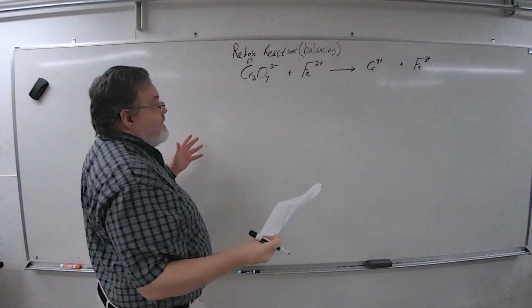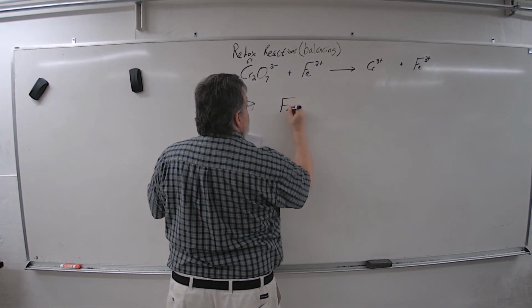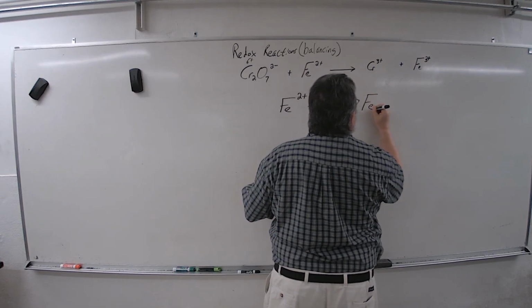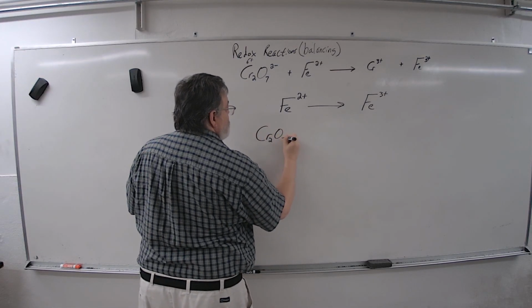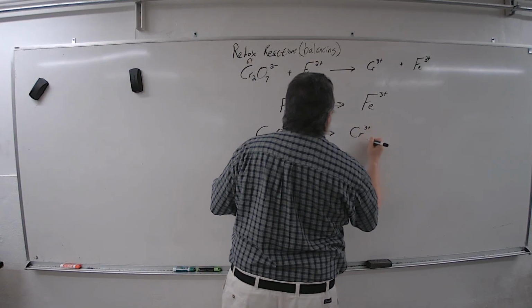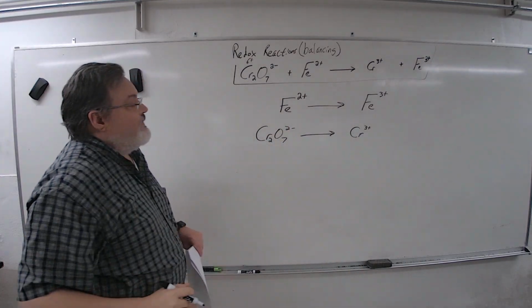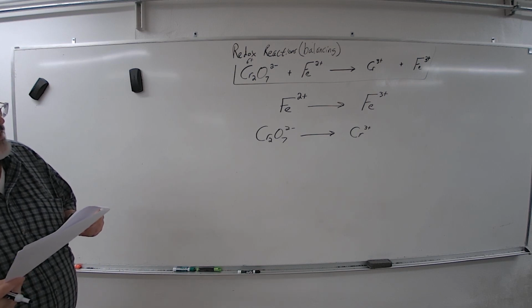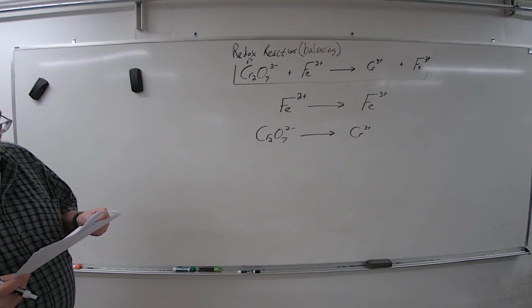You start by splitting it into those 2 reactions. It's Cr2O7 2 minus. So I'm going to work with these. We first want to balance everything except any oxygens or hydrogens that are there.